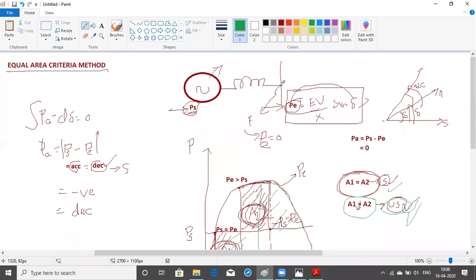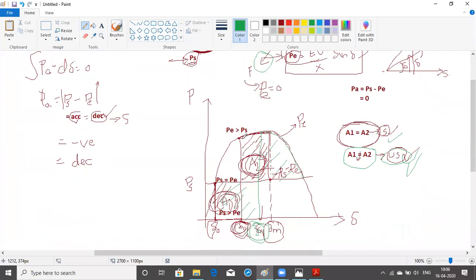At which time you clear the fault decides whether the synchronous generator operates in a stable or unstable manner. If the fault clearing time is more, automatically the synchronous generator will lose its synchronism. Unstable operation means it is going to lose its synchronism. This is about the equal area criteria method.